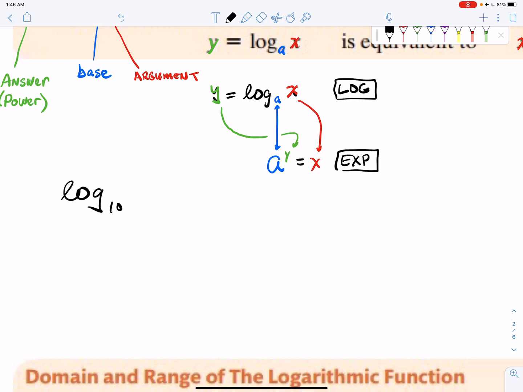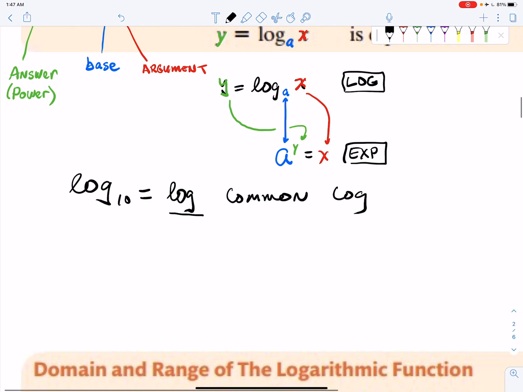Log base 10 is so common that whenever you see log without a base, it's base 10. It's called the common log. In fact, it's so common, this is even on the calculator. You'll see a button that just says log. And when you see a button that says log, it means base 10.